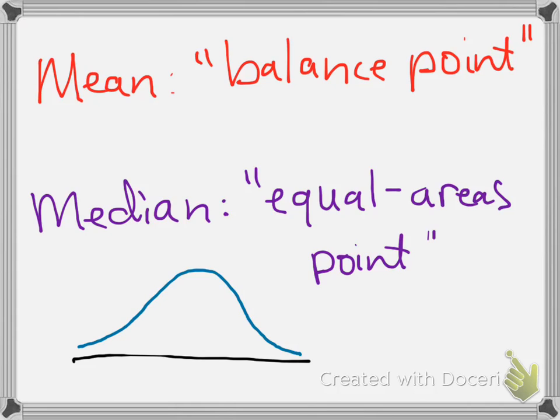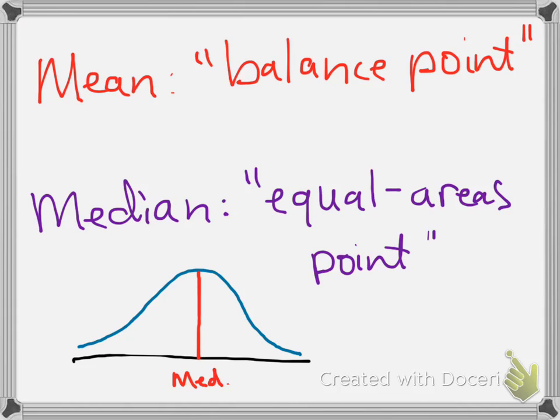So let's say we've got our roughly symmetric density curve here. If it's roughly symmetric, we know that the mean and the median will be the same point, and in fact they'll be right down the center. So here's our median for this particular curve. Now the equal areas point, all that means is that because we know the area underneath the curve is equal to 1, then I hope you know that half of 1 is 1/2.